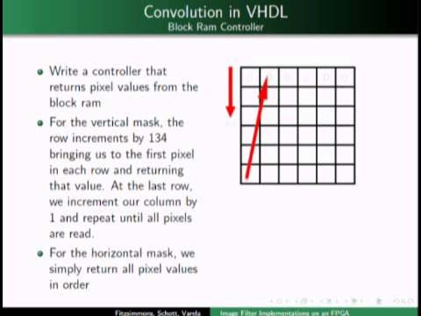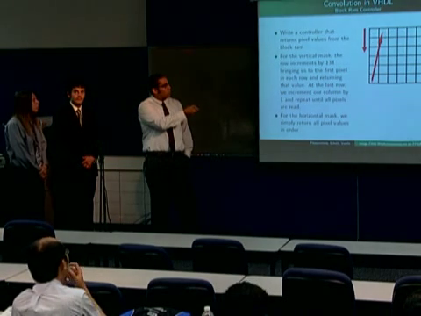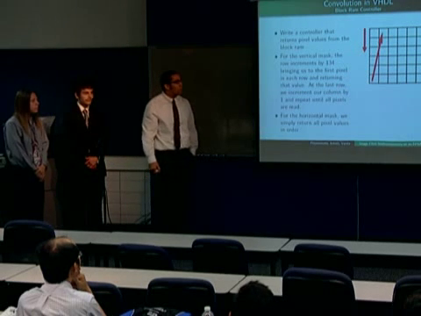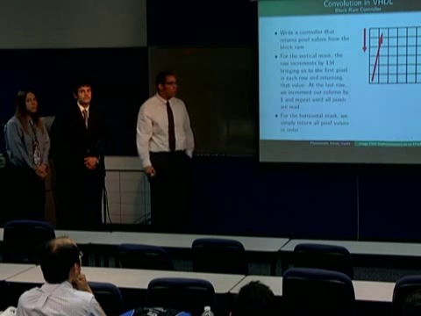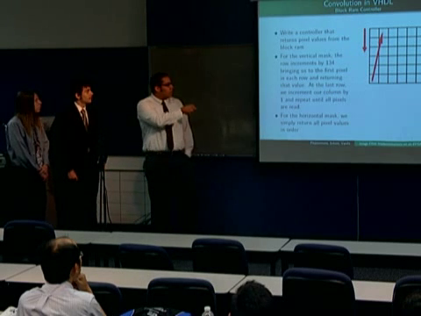Next step would be to write a controller that returns your pixel values from your block RAM. For the vertical mask, we take the first pixel at the top left, and we're going to convolve with our mask, which will go vertically. It's a 1x7 mask. I was using a 134 by 134 image. It was 128 by 128 zero padded with 3 pixels per side.